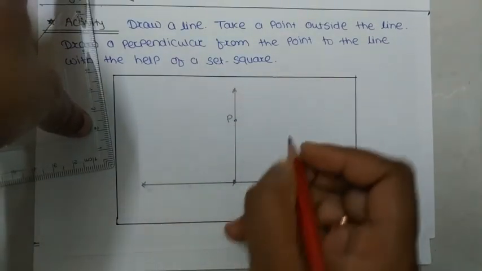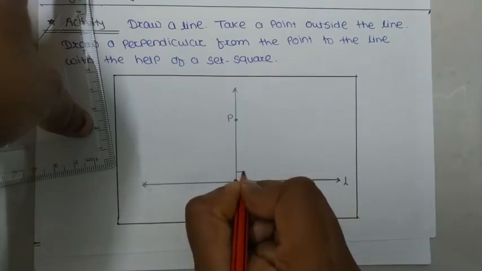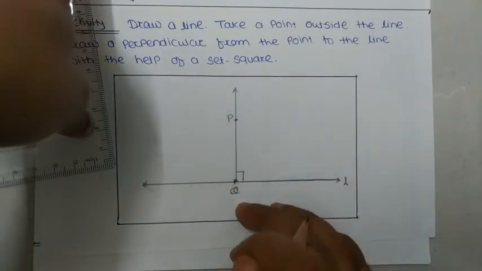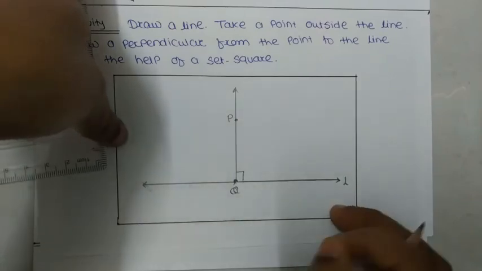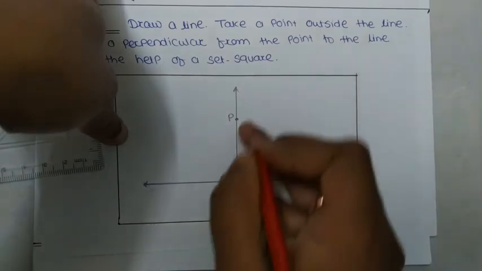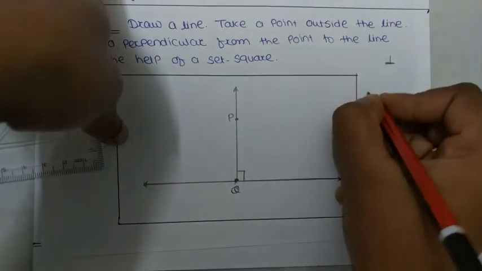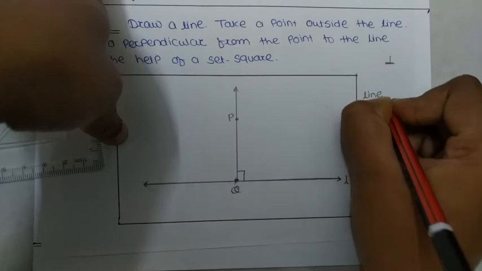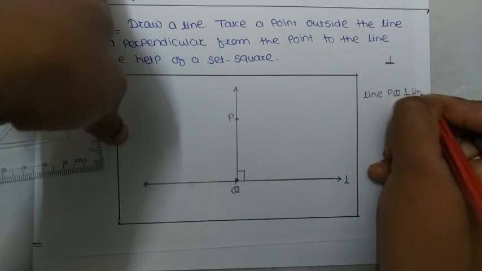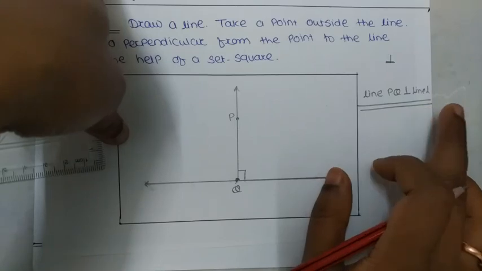Suppose this point is called Q. Here we get 90 degrees, therefore PQ is perpendicular to line L. To show perpendicular, we use this symbol. We write: line PQ is perpendicular to line L.